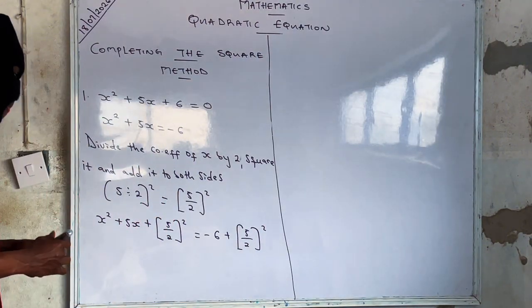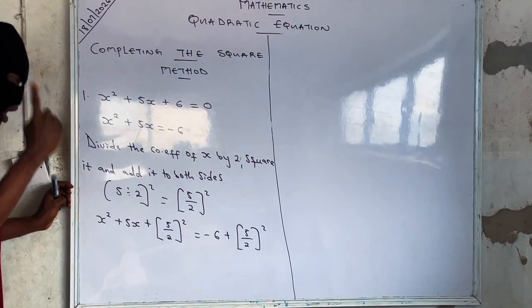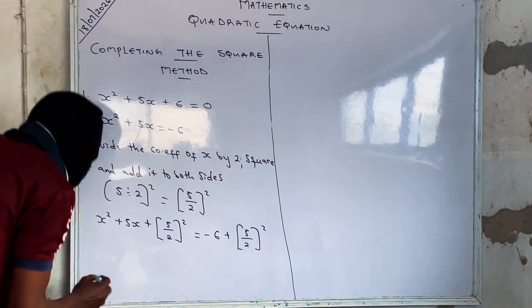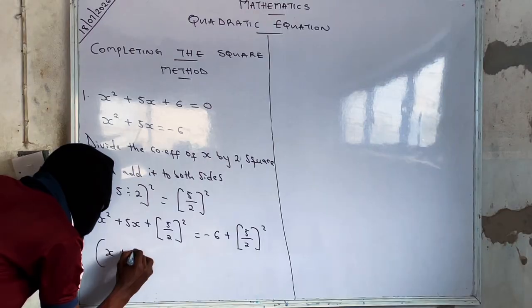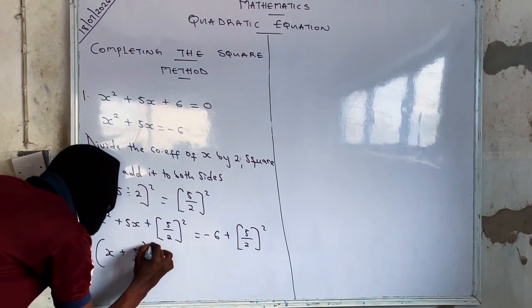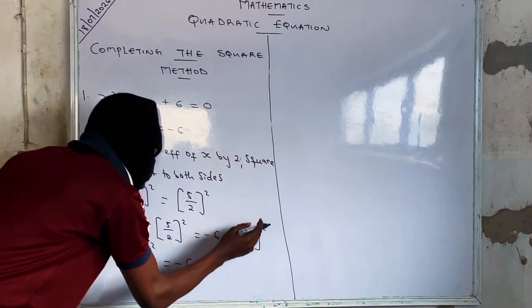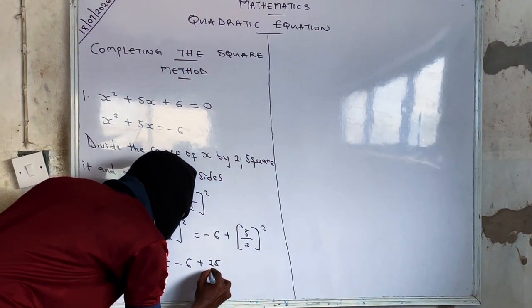Very simple. Now when you have something like this, x squared, you have to pick one out of it, and you have to pick one out of the other, then you square it. So it will now be (x plus 5 over 2) squared equals minus 6 plus 5 squared over 2 squared.